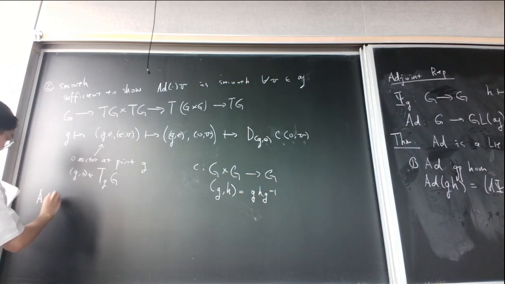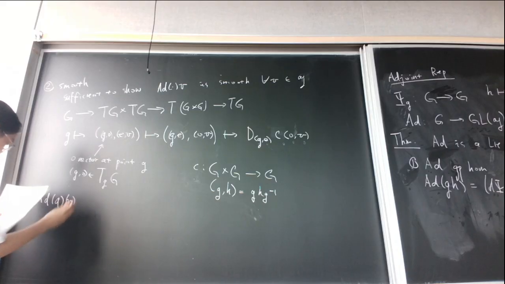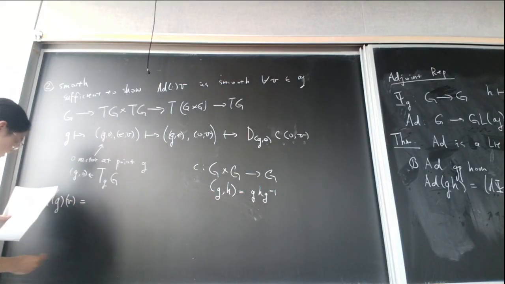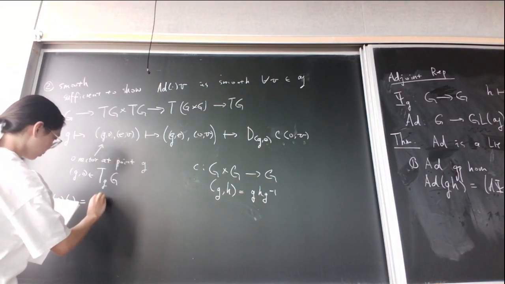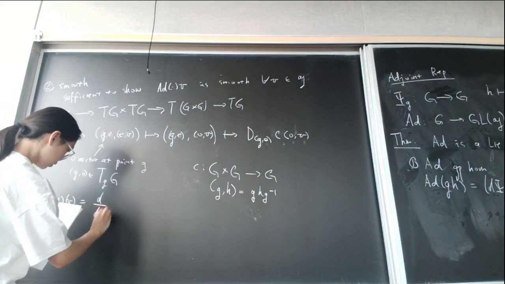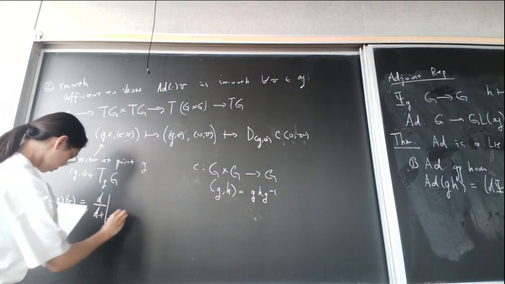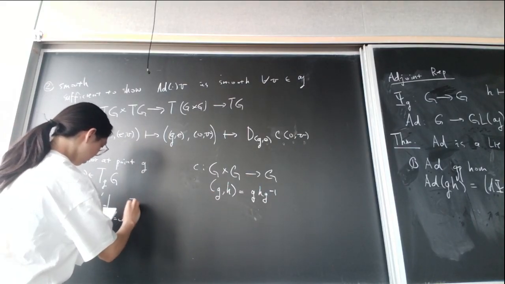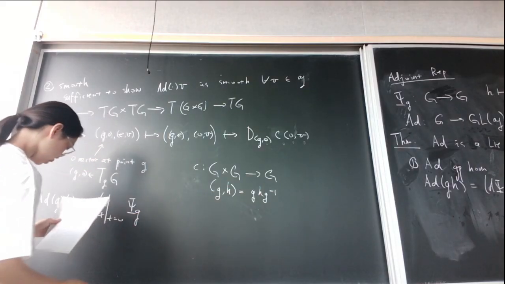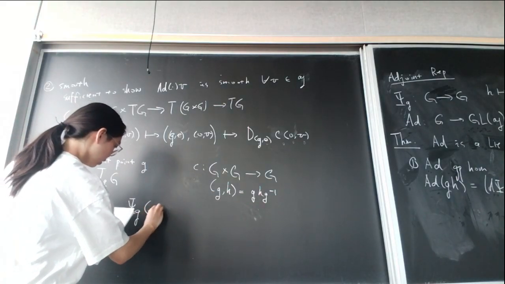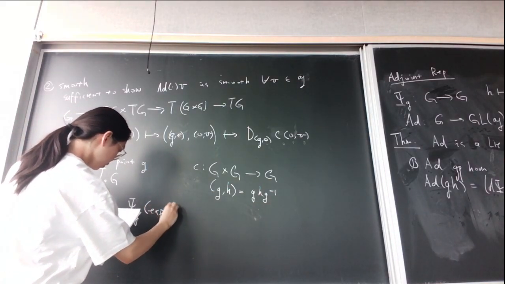So Ad of G applied to V is equal to d dt at t equals 0 of conjugation by G of exp tV.